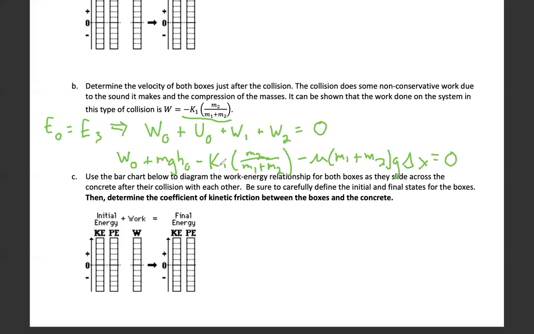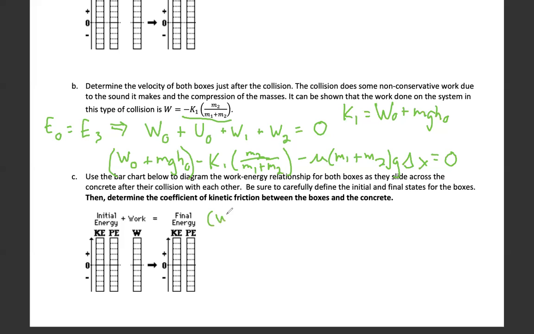So then the only thing we would need to know is, what is this K1? And that value K1, we know had to equal the work initial plus mgh naught. So we could sub those two terms in for K1. I'll write it down here.